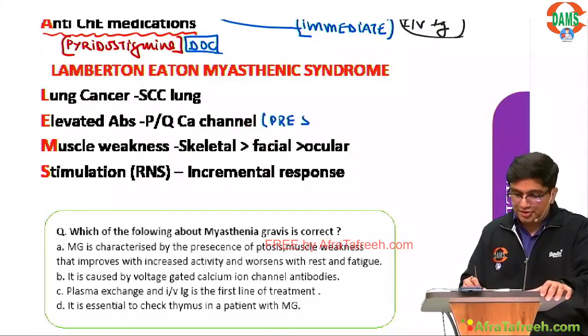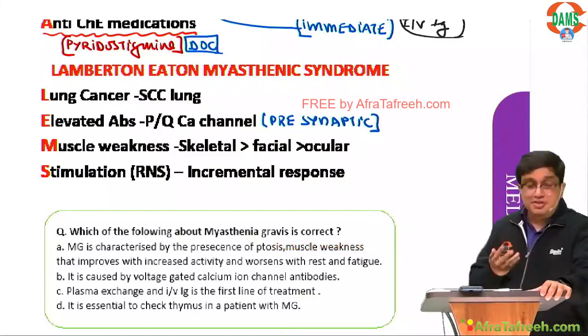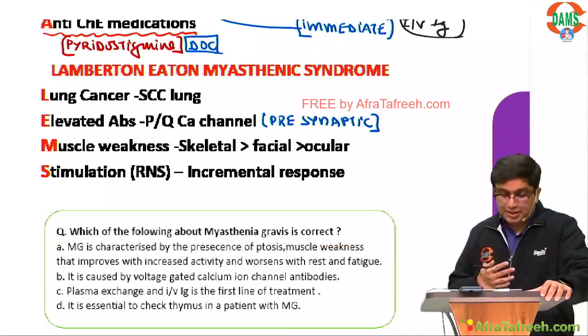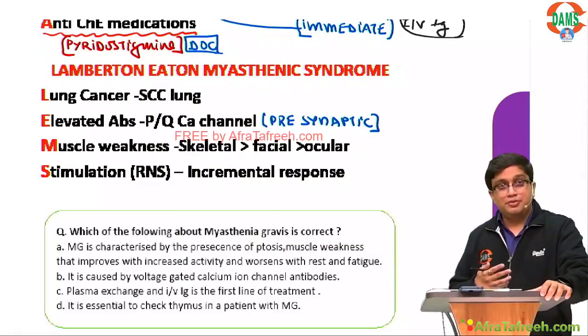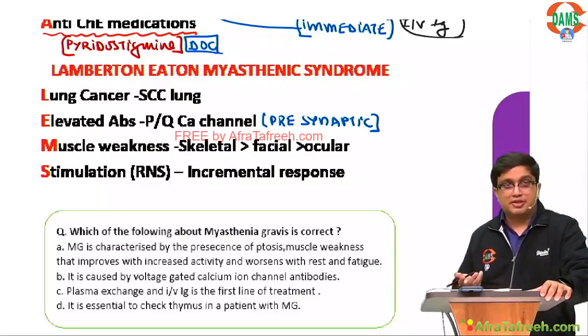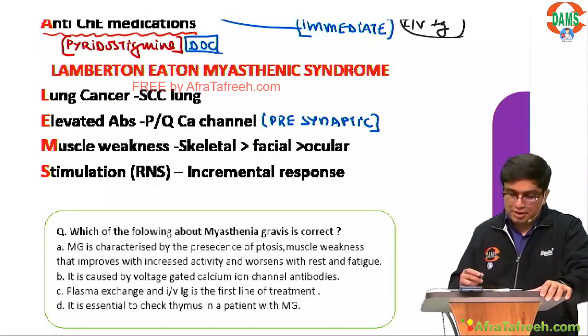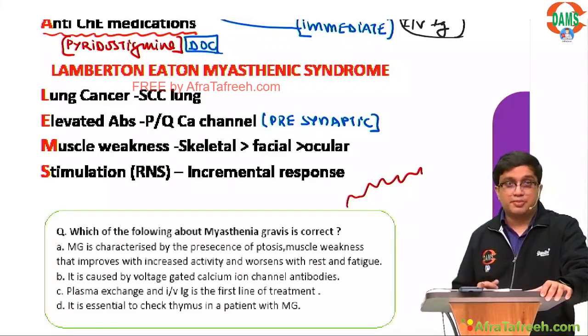These channels are very important to improve acetylcholine release from the nerve tissue. The muscle weakness that we find in them is skeletal more often, then facial, then ocular. In myasthenia, it is ocular, facial, and then skeletal. The rapid nerve stimulation that we do in them will always show an incremental response. So when I stimulate the nerve, the action potential keeps on improving.